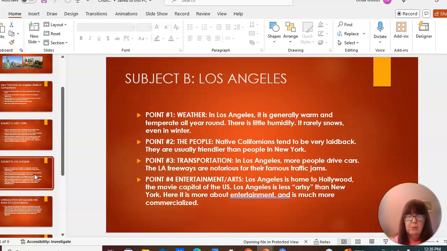But the movie industry is all about the bottom dollar. I've heard it said, there's only one time of year when Hollywood really cares about art and quality, and that's Oscar time. Other than that, it's all about making the most money. But anyway, that's a point of contrast that you could make there.